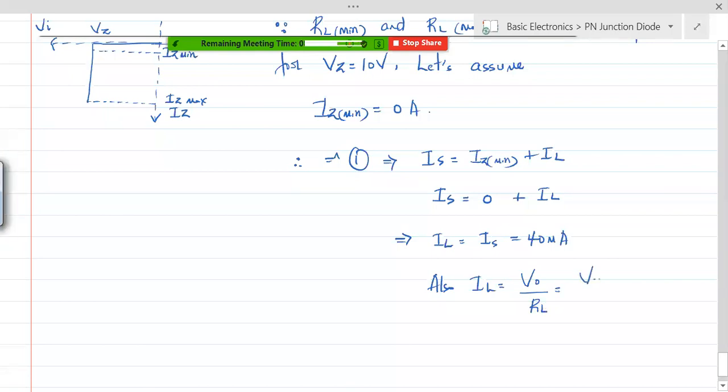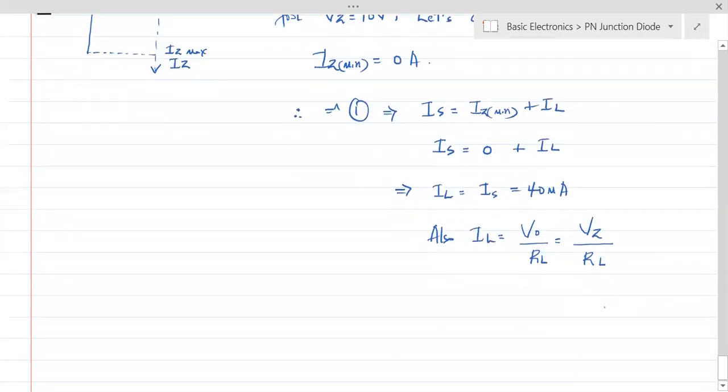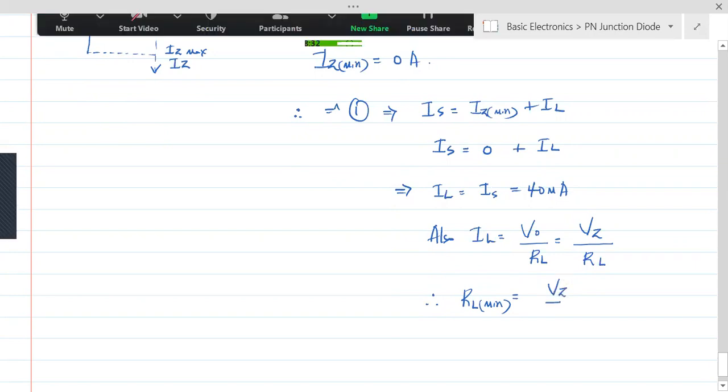V naught is actually VZ. Therefore, RL minimum is given by VZ divided by IL.